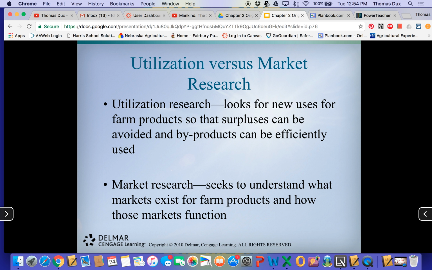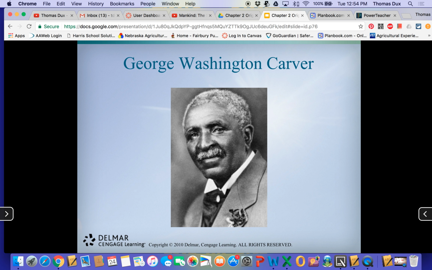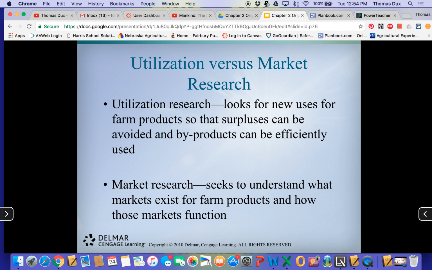Okay, choose one of them. So, for instance, you could just Google search anything that he did with soybeans. Some of the products that George Washington Carver actually looked up, that all are actually created because that deals with this utilization research.